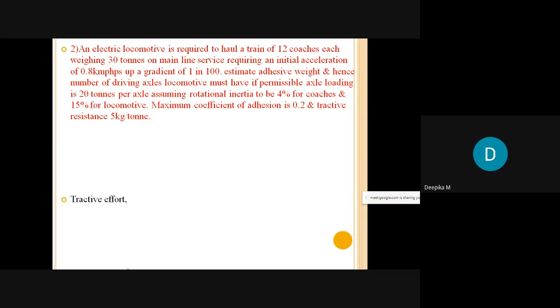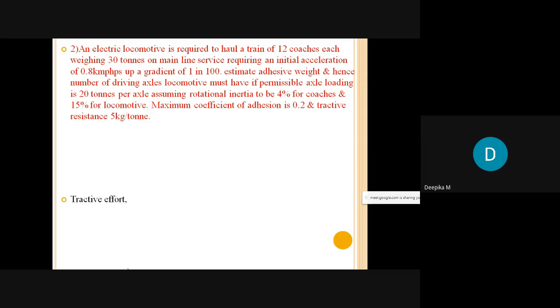So here we have an electric locomotive which is hauling a train of 12 coaches. That means there are 12 coaches, and the locomotive should pull those coaches, each weighing 30 tons, with an initial acceleration of 0.8 kilometer per hour per second, on a gradient of 1 in 100.